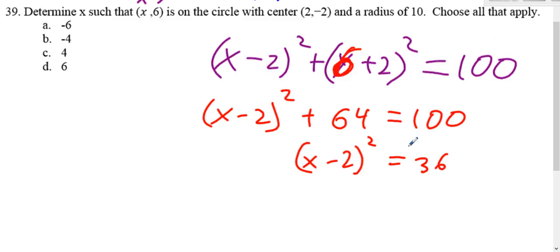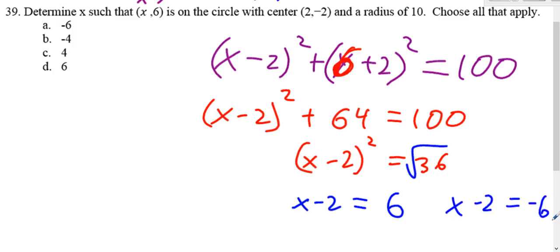Then to get rid of that squared, we're going to do the square root, which means we have x minus 2 equals the square root of 36. We know the square root of 36 is 6, but it could be 6 or it could be -6. Always plus or minus when you do a square root. So it could be +6 or -6. That's why we get 2 answers.